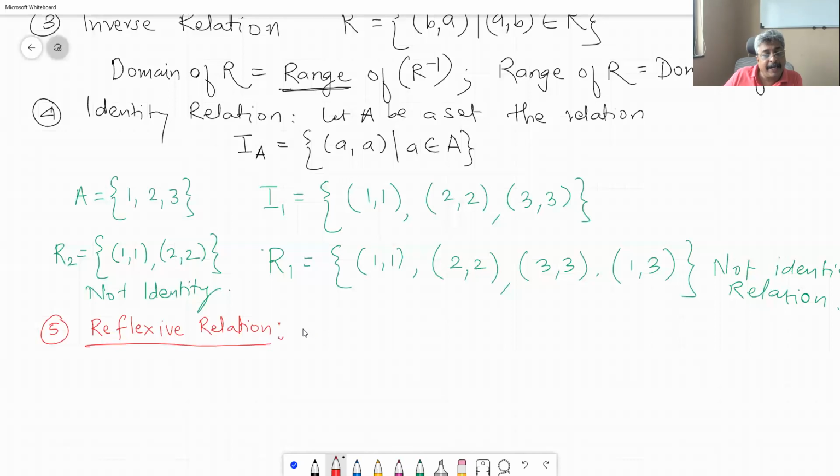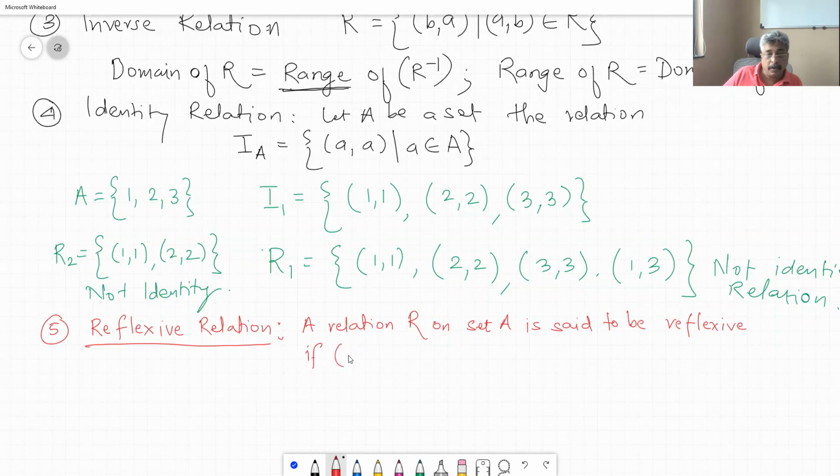A relation R on set A is said to be reflexive if (a, a) belongs to R for every a belonging to capital A.